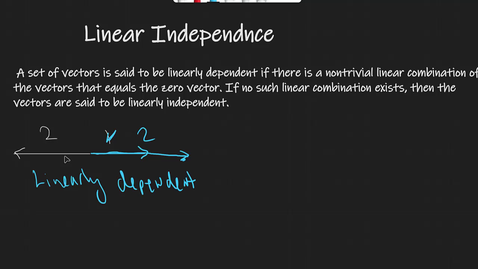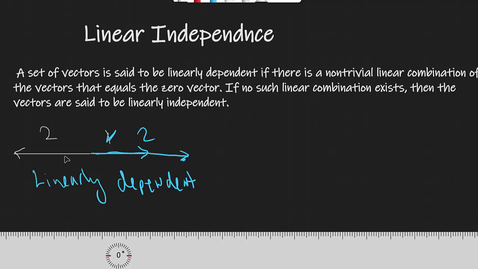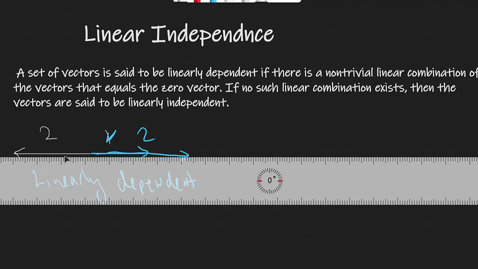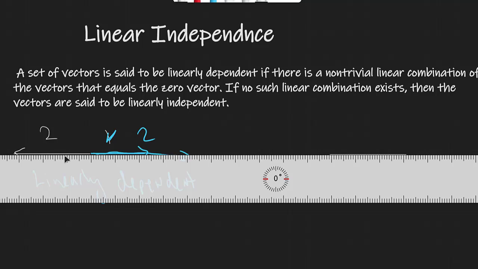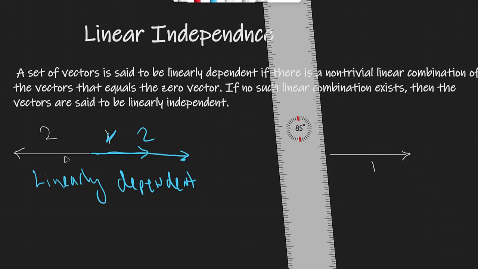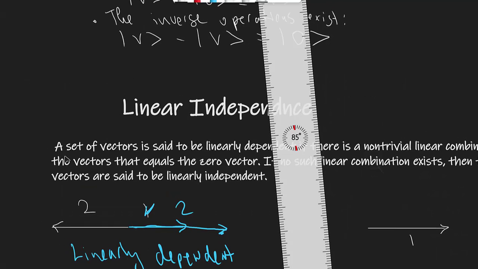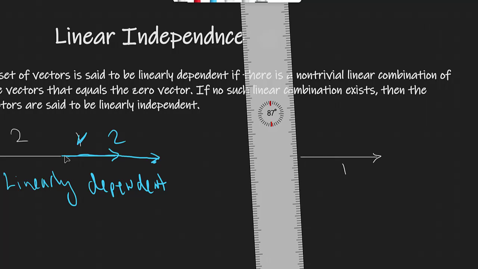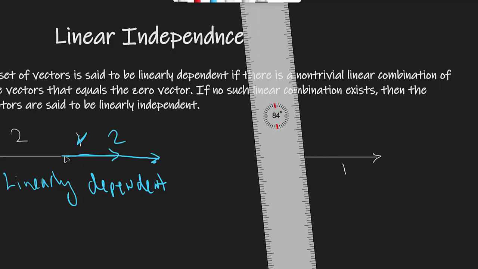However, if I have one vector which is purely in the horizontal direction, so let's say across here, it has a length, I don't know, L, then I have another vector which is purely in the vertical direction.